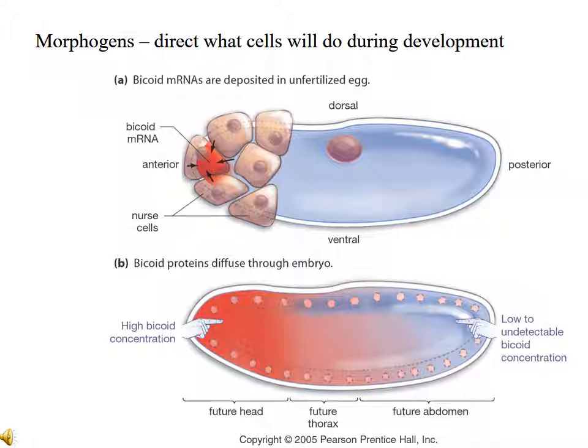First of all, let's look at morphogens. Now, in this particular process, specific proteins are being produced, and these proteins will influence what is to happen during the embryonic development state.